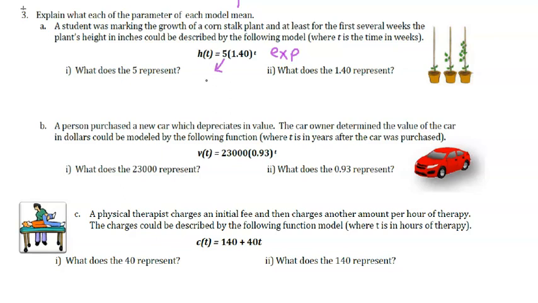The 5 is representing the initial height. So that basically means when the study started, the plant was 5 inches tall.